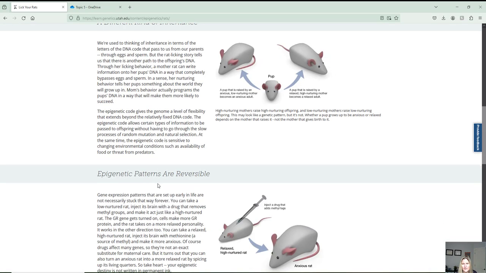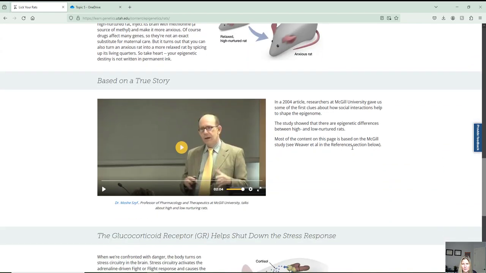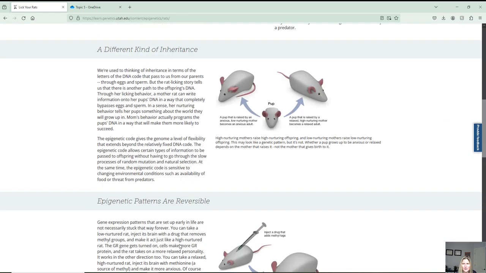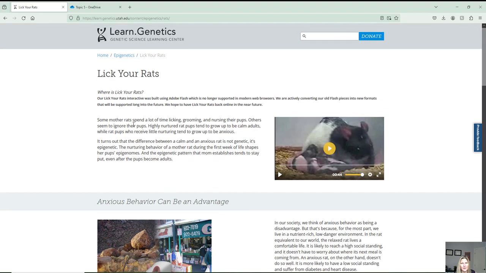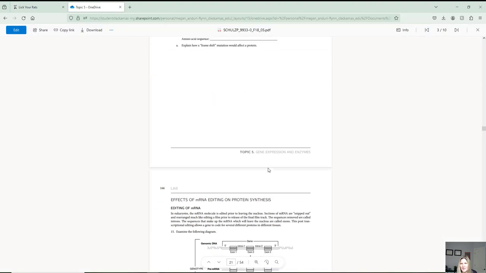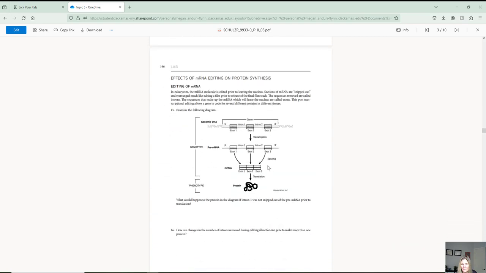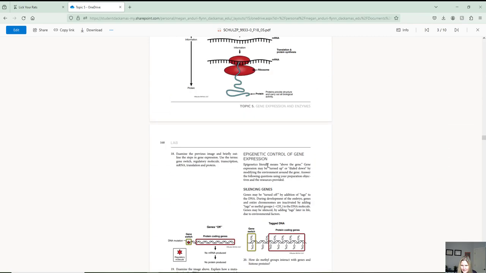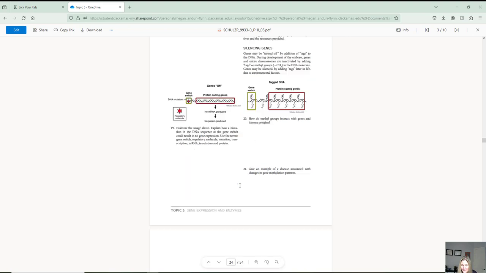Once we've understood this whole process of this lick your rat topic, then it'll help you understand what's going on with all of this information here.